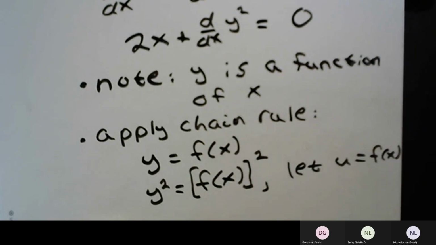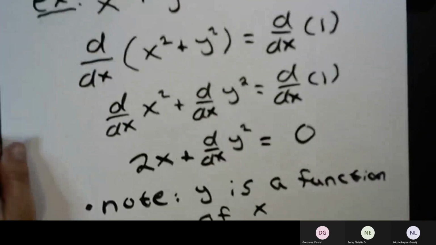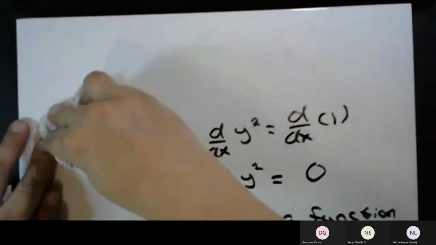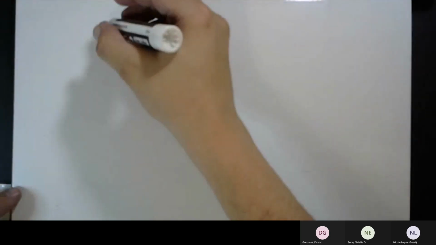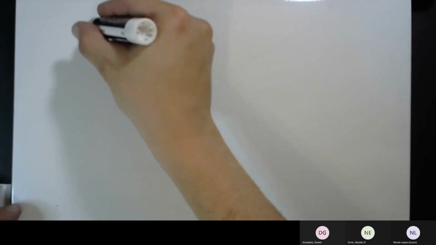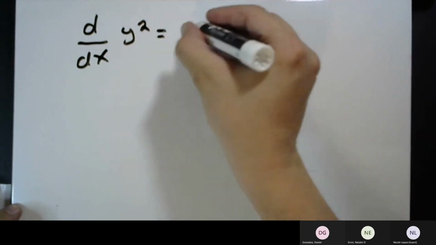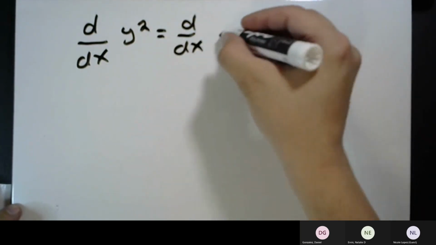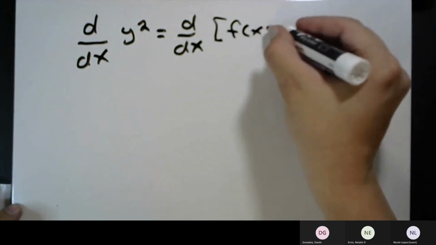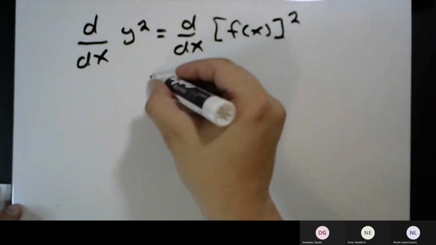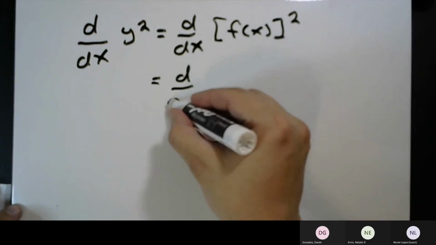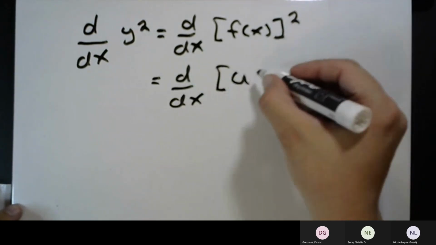So then we have d/dx of y squared will be d/dx of f of x squared, which will be d/dx of u squared.